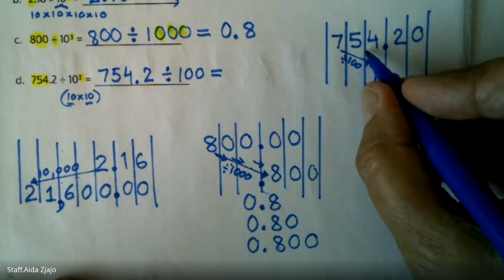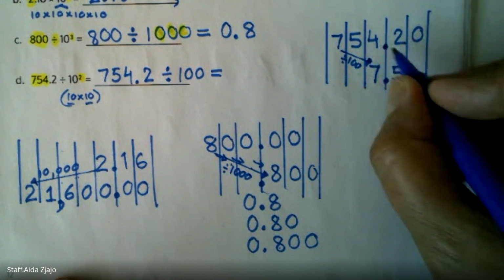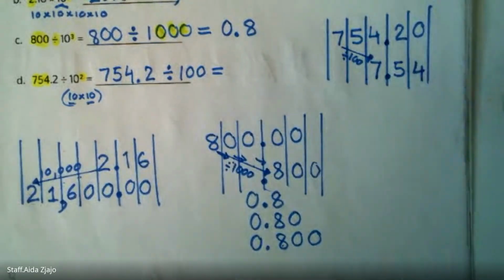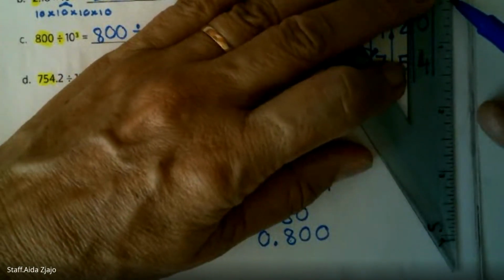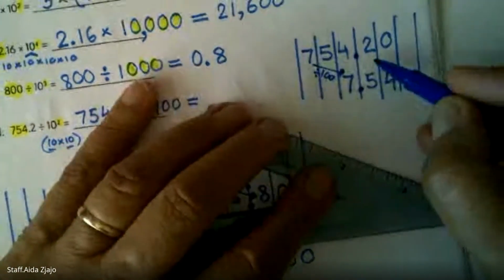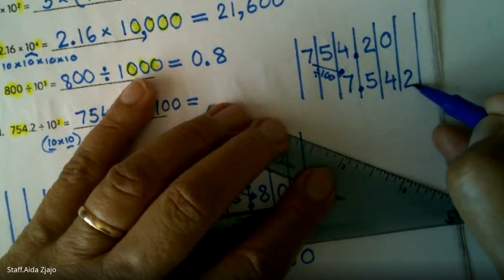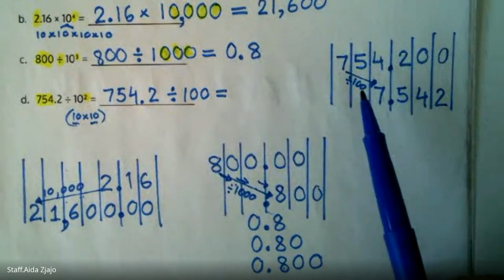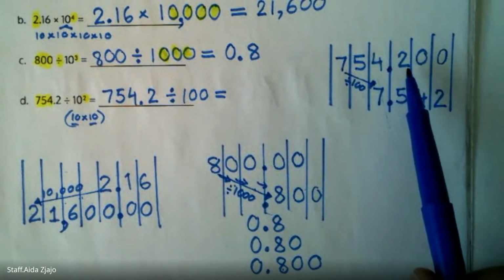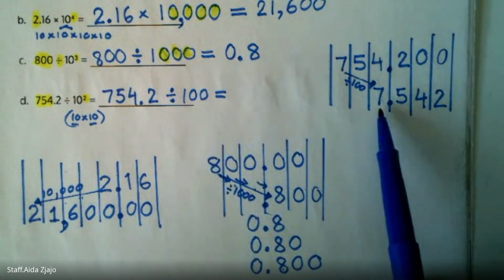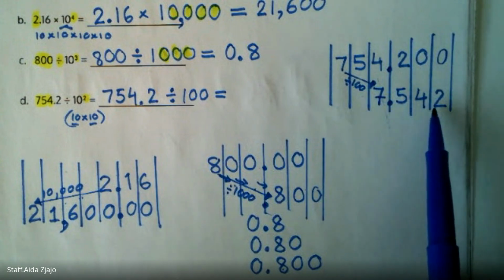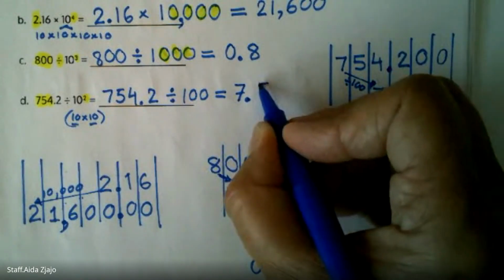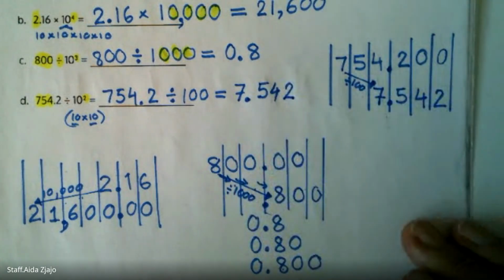The 5 will go 1, 2, the 4 will go 1, 2, and then I need 2 also, one more place value, 1, 2. So here you go. So if I divide 754 and 2 tenths into 100 pieces, each piece will be 7 wholes and 542 thousandths. So 7 and 542 thousandths.